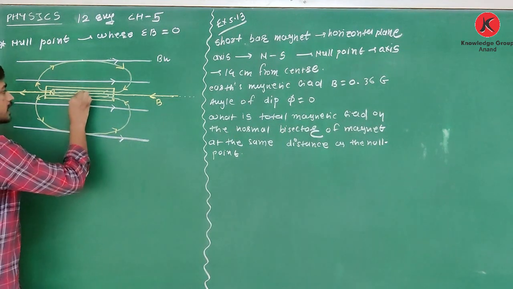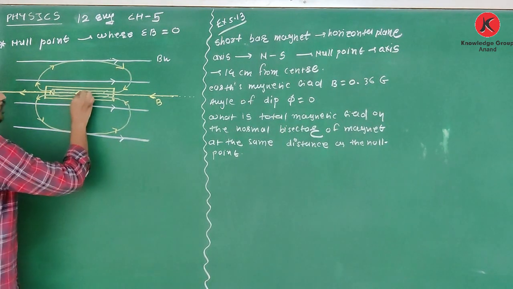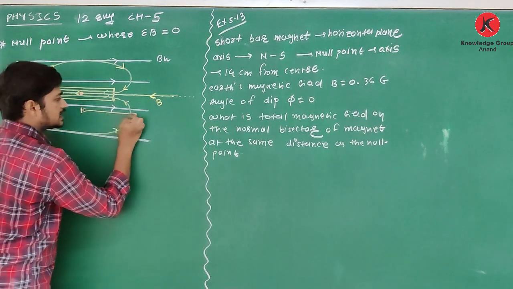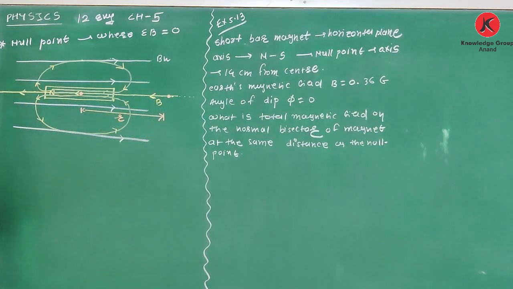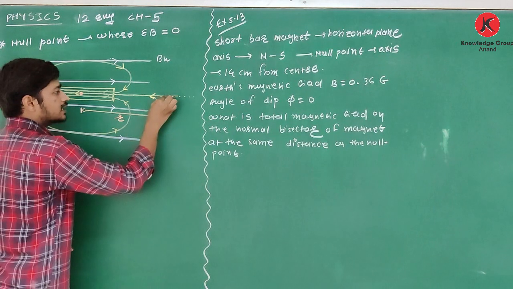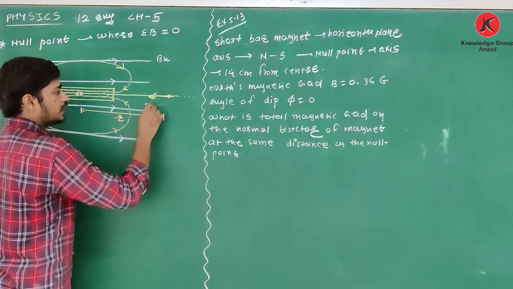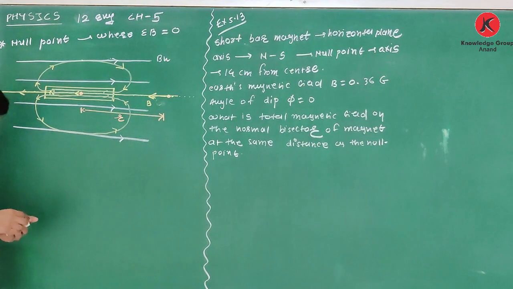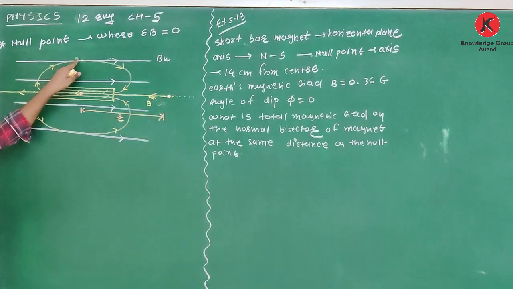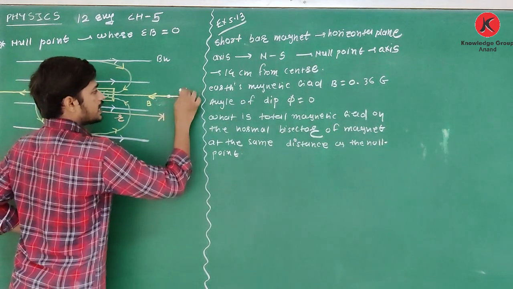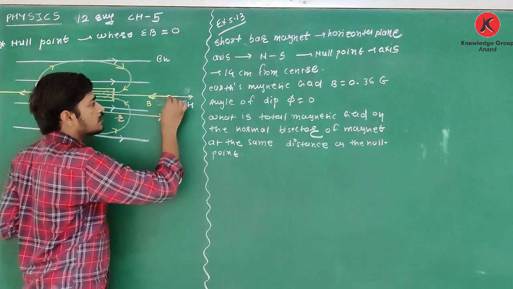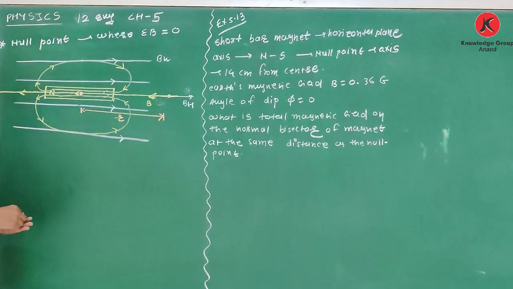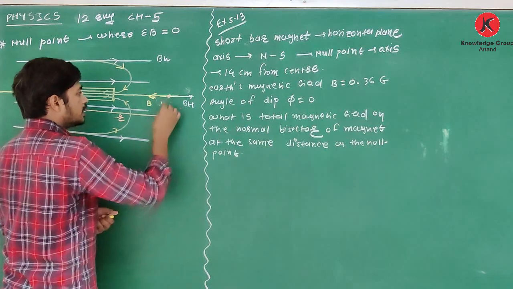I am assuming that from this center, at distance r, at this point, it is clear from the figure, the magnetic field due to the bar magnet is B. And at this point, the magnetic field due to Earth, BH, is in this direction. So from the center at distance r, if they both have equal magnitude, then here the resultant magnetic field will become 0. And this point is called the null point.